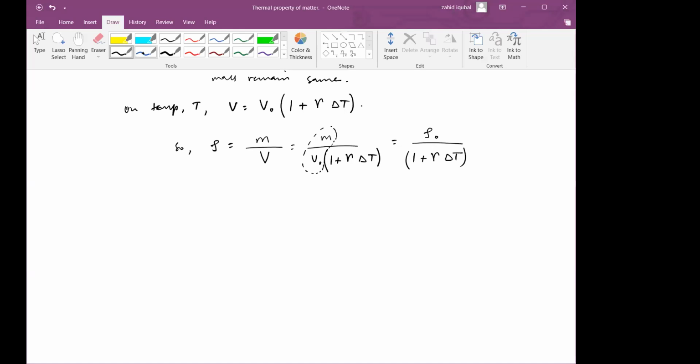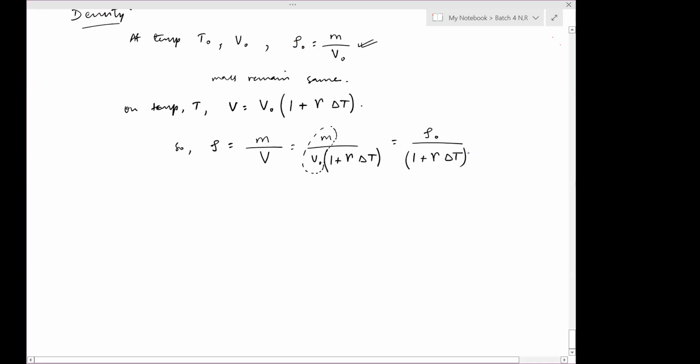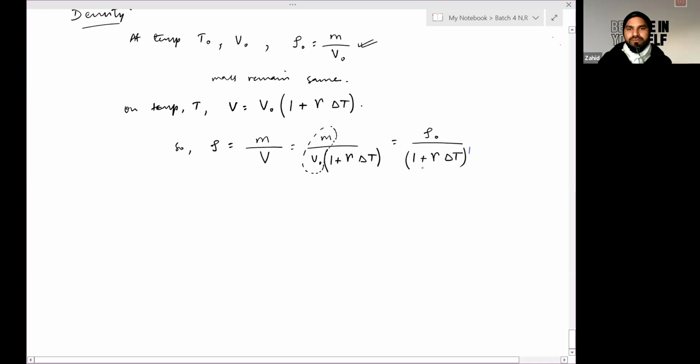Now, in this particular denominator, since 1 plus gamma delta T is raised to 1, if you move it to the numerator, its exponent will become negative. So rho equals rho naught times 1 plus gamma delta T raised to minus 1. Now, according to binomial expansion, 1 plus x raised to n, we can write it as 1 plus n times x. So this exponent minus 1 would get multiplied with gamma.